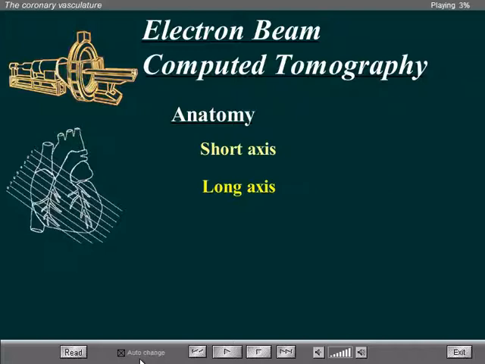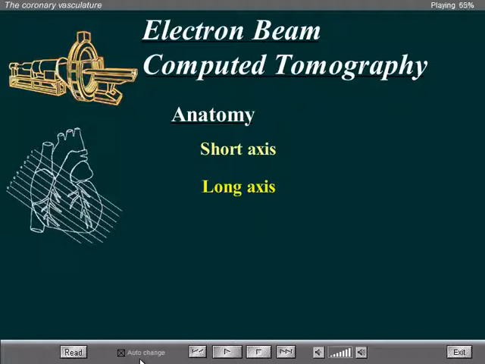The long axis is the so-called four-chamber view, as seen also with echocardiography, and is the best projection for evaluating the totality of the left and right ventricular cavities and the outflow tract of the two ventricles. In order to position correctly the patient, the imager keeps the scanner table level but moves the table 25 degrees to the patient's left.